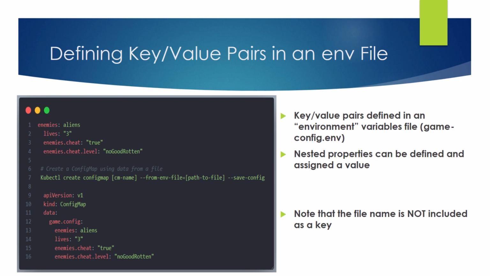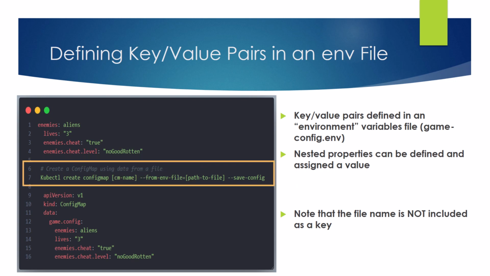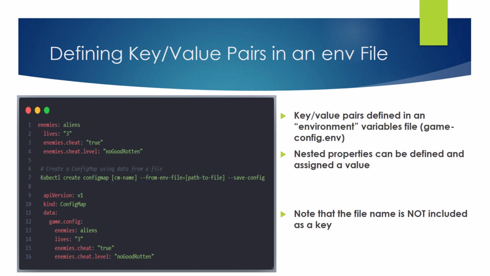To get this registered and all these properties available to Kubernetes, we can do kubectl create config map again, and that's the same as what we just saw, but we can say --from-env-file, and in this case give it the path to game-config.env. Now that actually creates a different setup within Kubernetes.